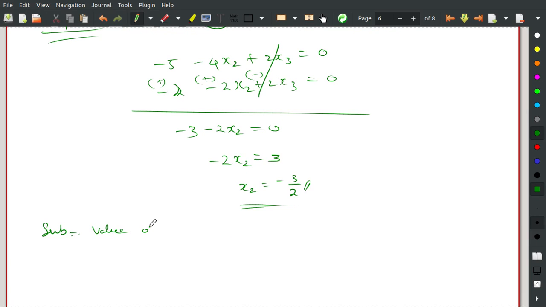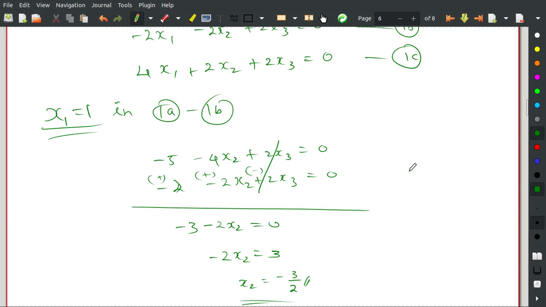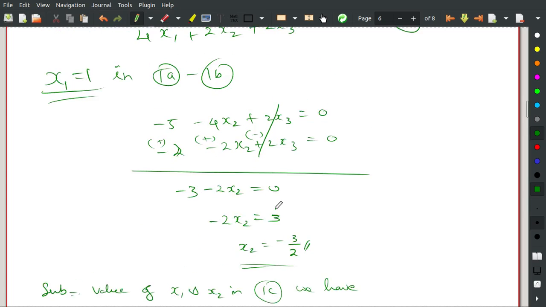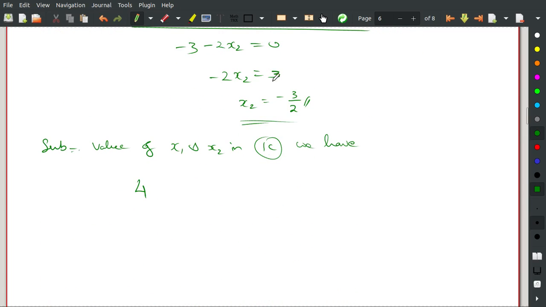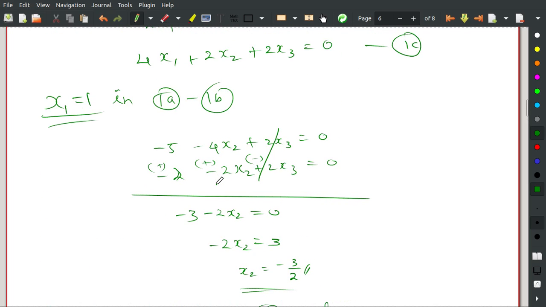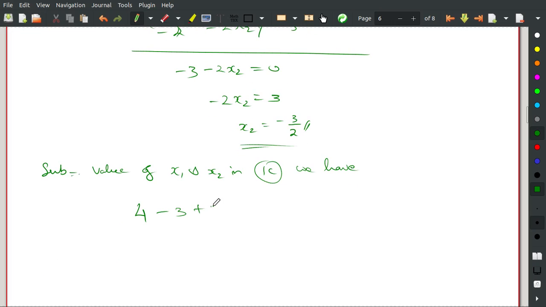It's 4 into x1, therefore 4. Then 2 into x2 is 2 into minus 3 by 2, which is minus 3, plus 2x3 equals 0. 4 minus 3 is 1, plus 2x3 equals 0, or x3 equals minus 1 by 2.